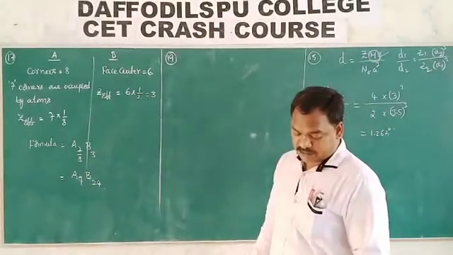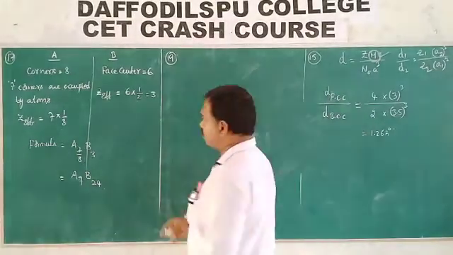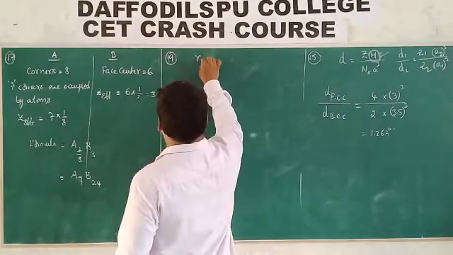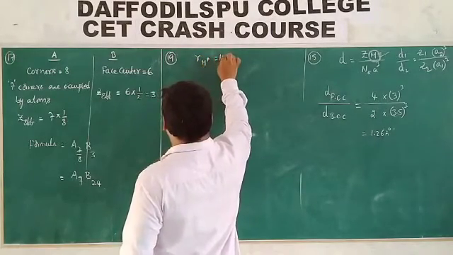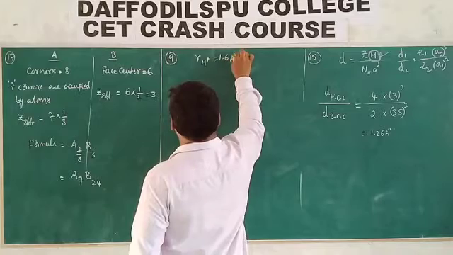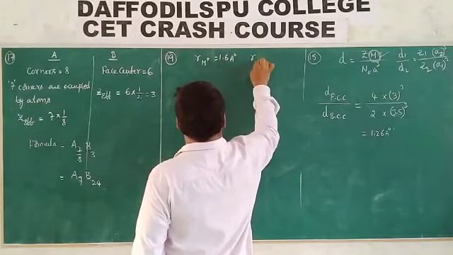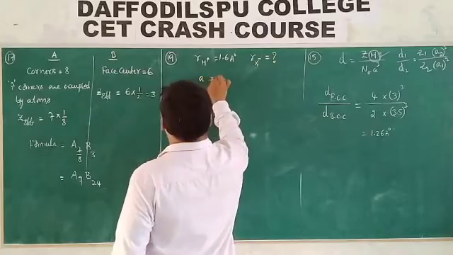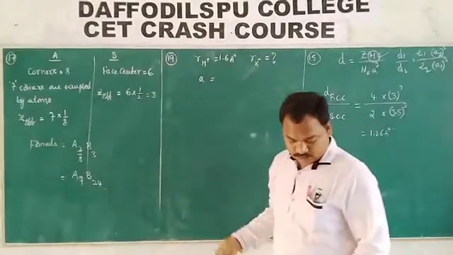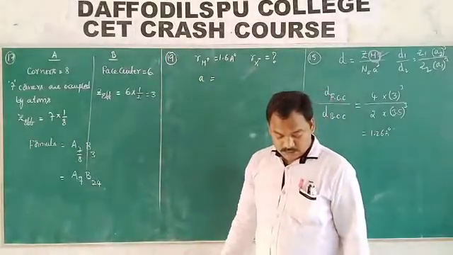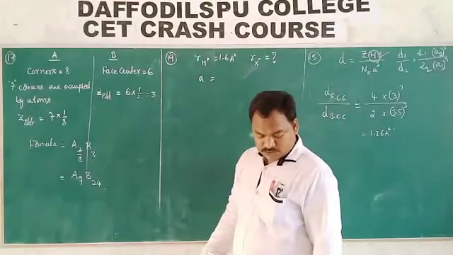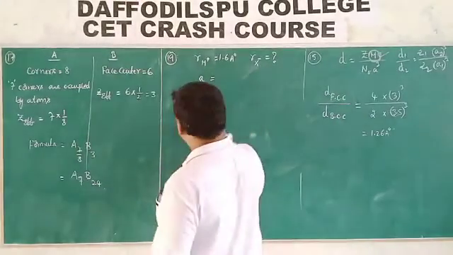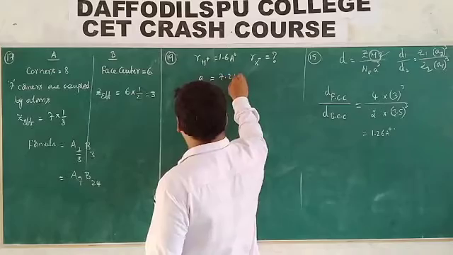Radius of M+ ion is 1.6 angstroms. Radius of X-? Edge length is 7.2 angstroms.